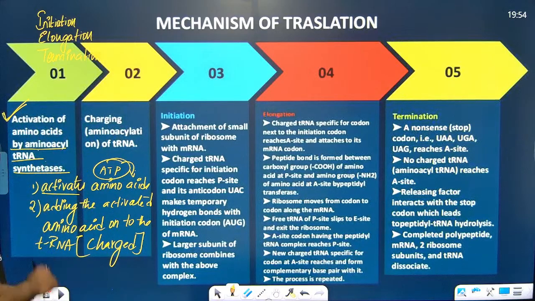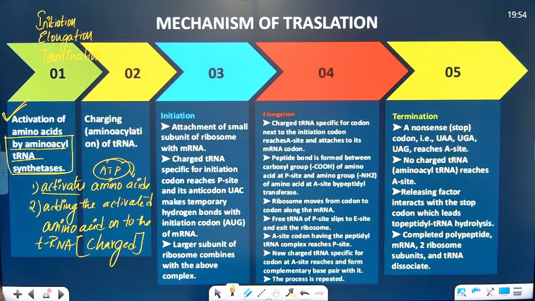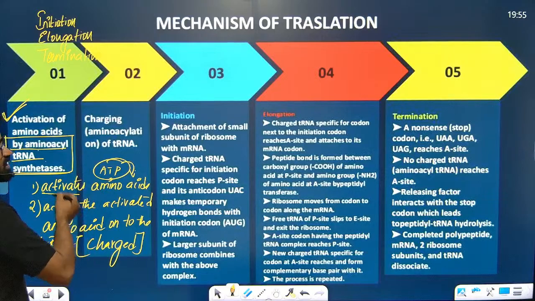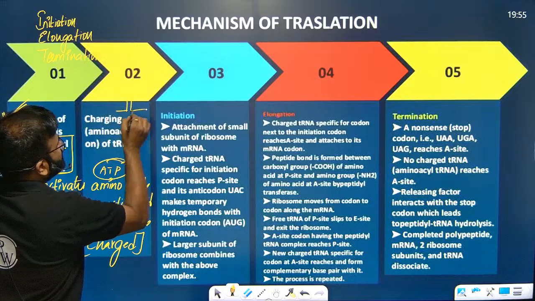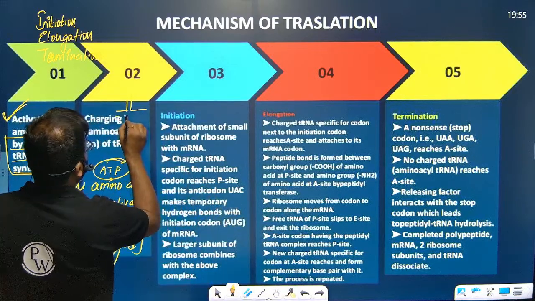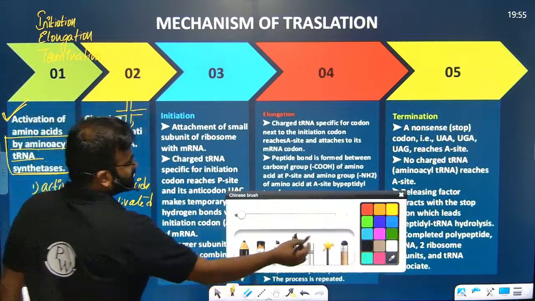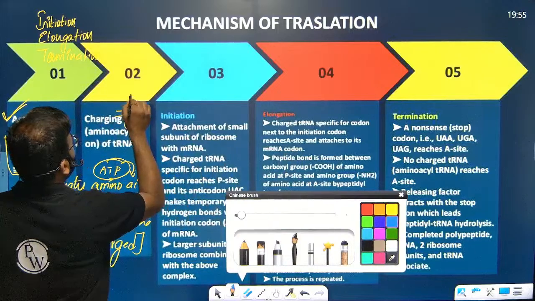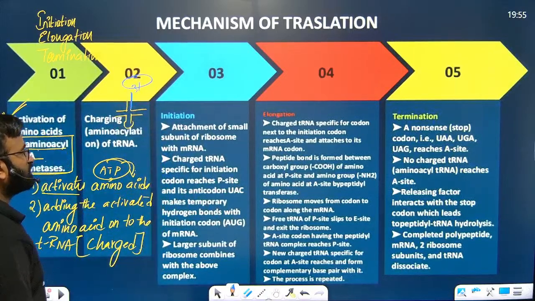So activation of the amino acid by an enzyme called amino acyl tRNA synthetase, and then addition of this amino acid onto a tRNA. Imagine this is your 3' end. Here the activated amino acid will be added.